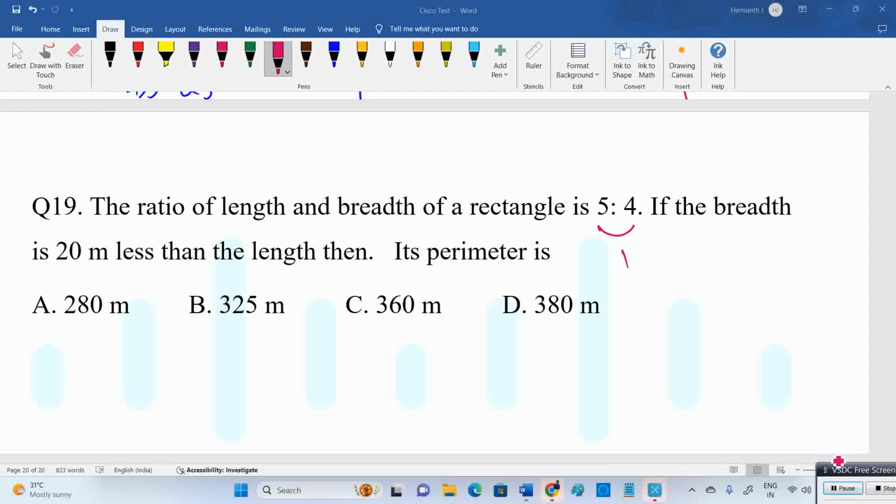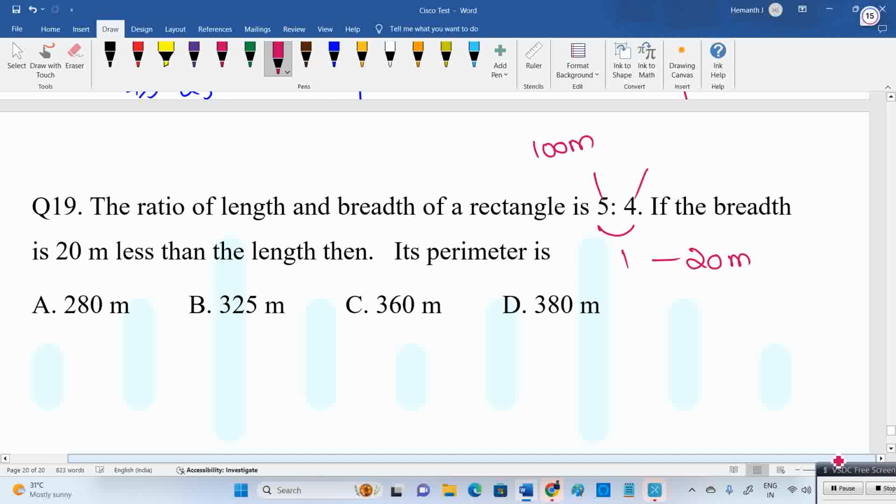They have given the difference as 20 meters. So in the ratio, 1 is 20 means 5 is nothing but 100 meters, and 4 is nothing but 80 meters. So perimeter is nothing but 2 into length plus breadth, which will give 360.